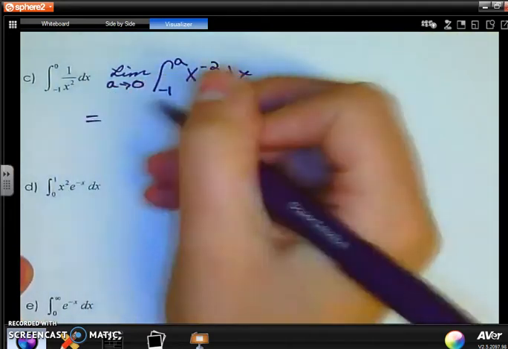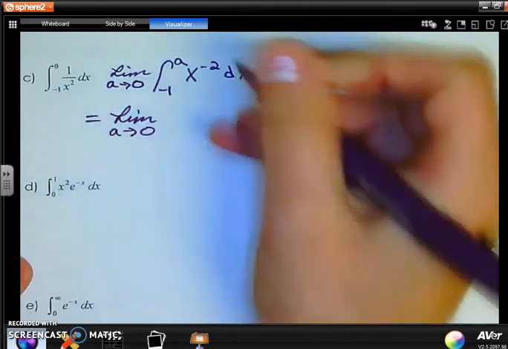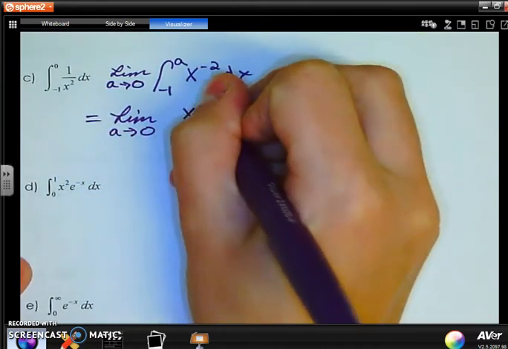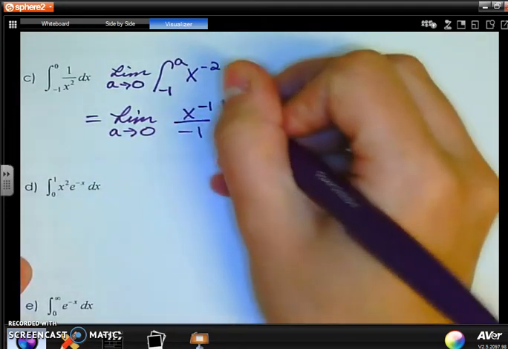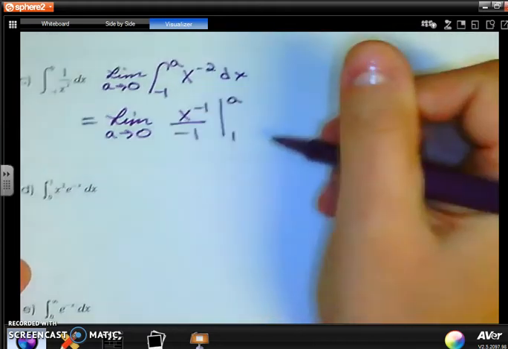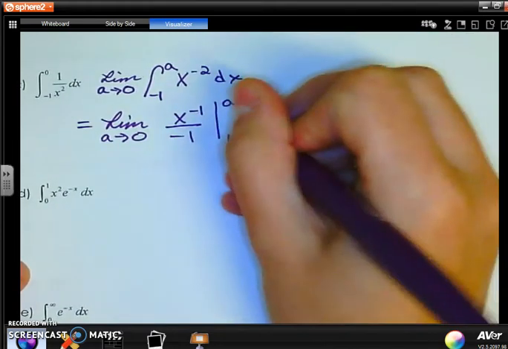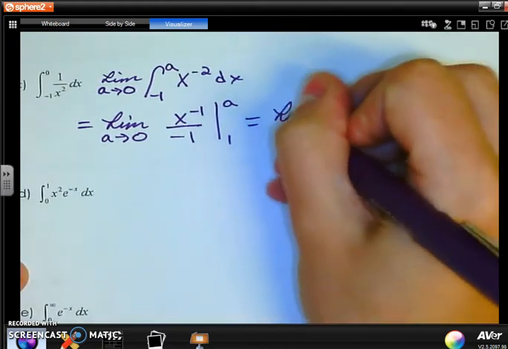So we could say that that equals, I didn't take the limit yet, so you still rewrite the word limit. And I add 1 to the exponent, so -2 plus 1 is -1 over -1, and I'm going to evaluate that from 1 to a. And then from there, I'm like, okay, I don't like the way that this looks. That's hard for me to plug in, so I'm going to rewrite it.